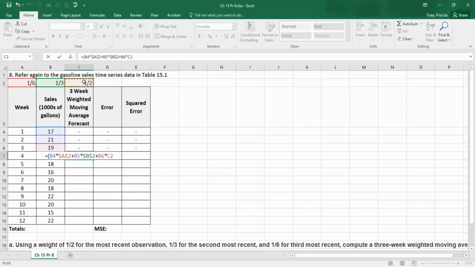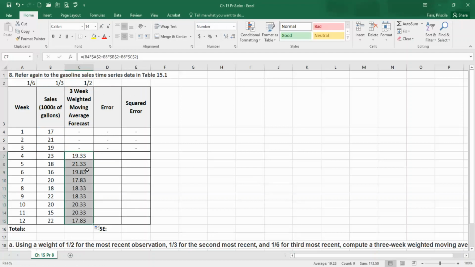Then I'm going to press the F4 key on your keyboard to make sure that when we copy this formula down, it always refers to these values and doesn't update to something else. Enter. There we go. So now all we need to do is drag this down. Let me go to the second one and see what it tells you in this formula. Now it's telling you to use a 3-week moving average again.